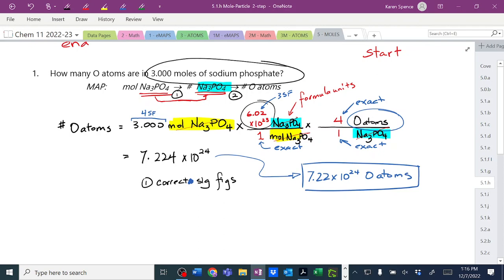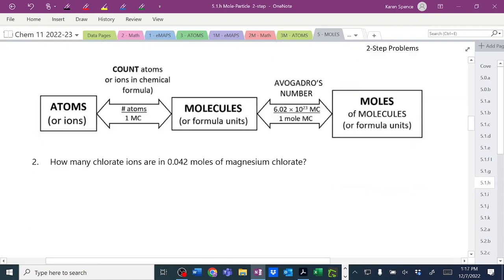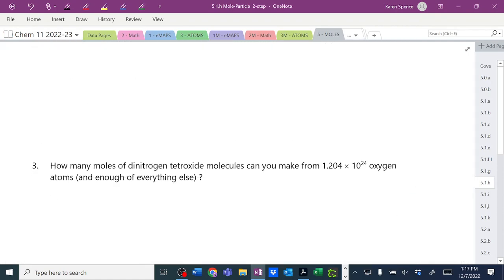Would we like another example? How about we do number 3, okay? Let's go do number 3. That's on page 21.